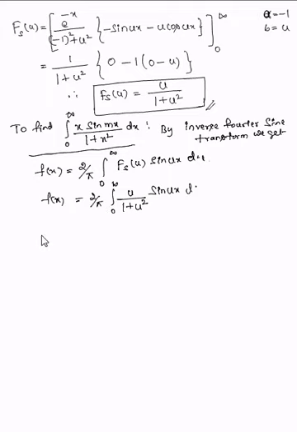I'll cross multiply and rewrite this as the integral from 0 to infinity of u into sine ux divided by 1 plus u square into du equals, cross multiplying, pi by 2 into f of x. I want to know the value of this integral.